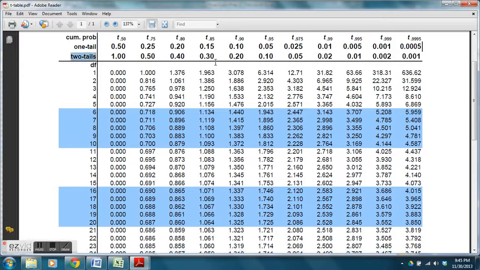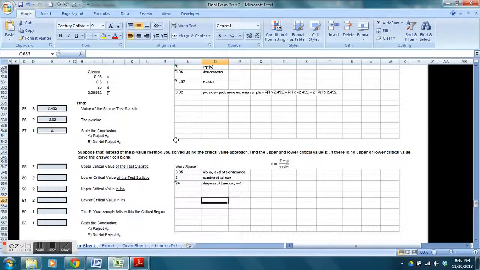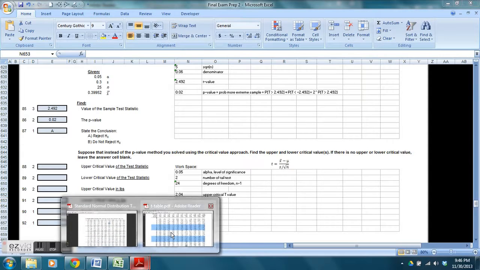So we can look at this 0.05 right here, and for 24 degrees of freedom, we get an upper critical value of 2.064. I think it was 2.04. Let me double check. Oh, 2.064.